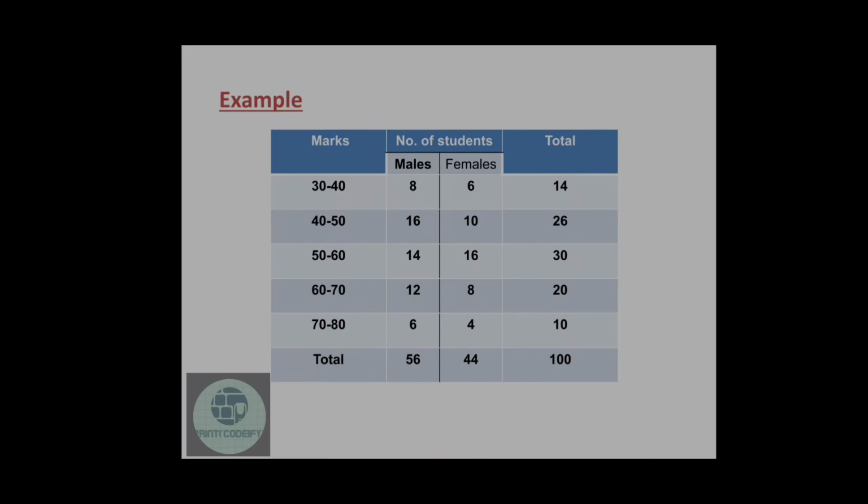Observe this example. This is a two-way table. Here there are two characteristics, namely marks secured by the students in the test and gender of the students. It is observed from the table that 26 students have secured in the range 40 to 50 marks, and among them 16 are males and 10 are females.